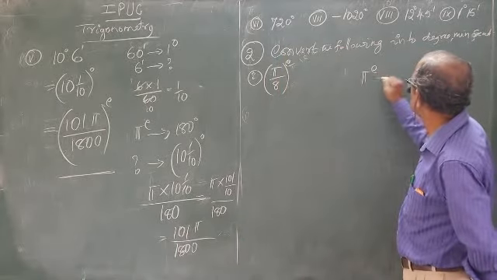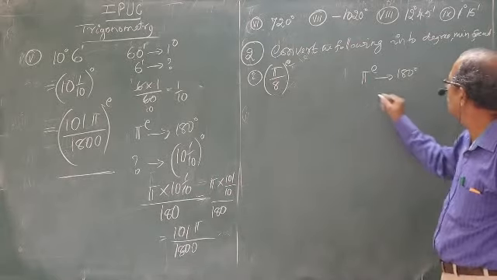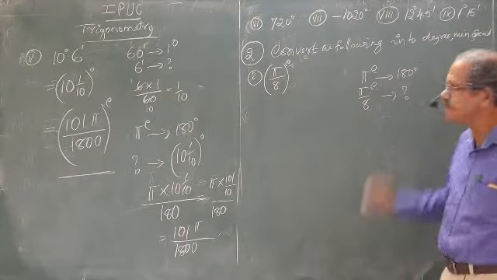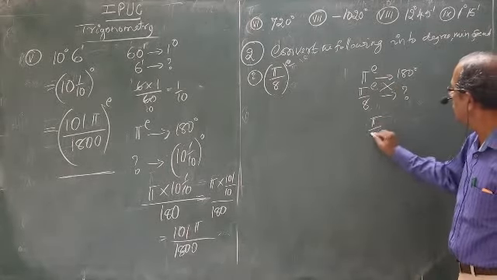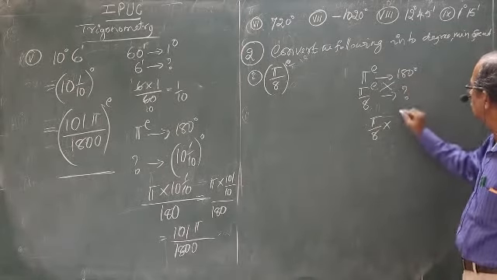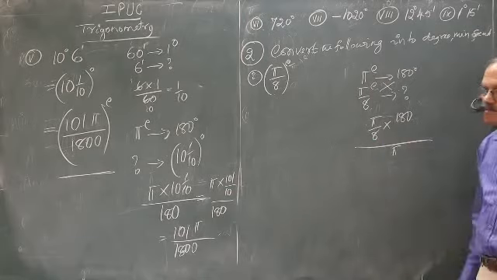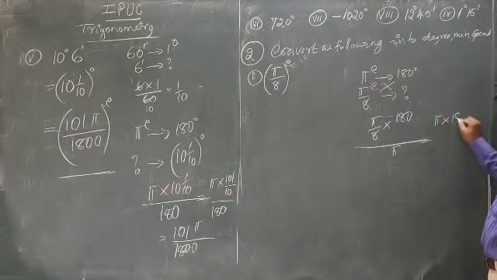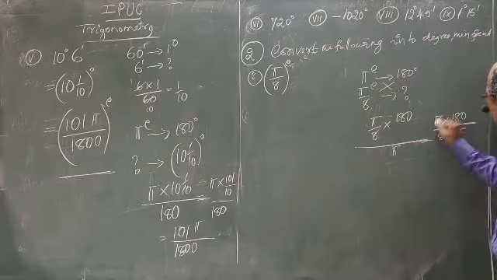Same formula, no doubt. Pi radian equal to 180 degree. Pi by 8 radian equal to how much? Cross multiplication is pi by 8 into 180 divided by pi, or pi into 180 divided by 8 comes to the denominator.